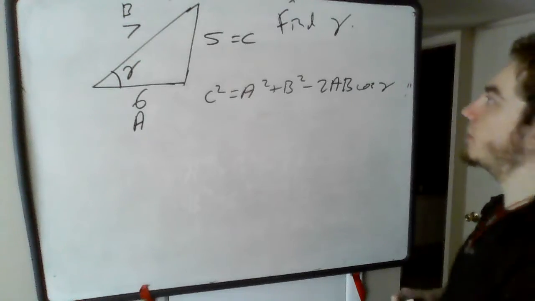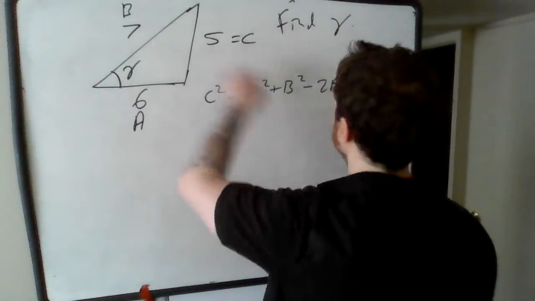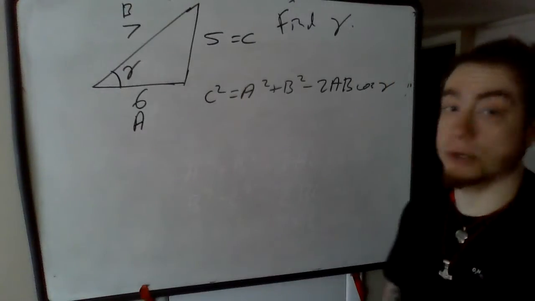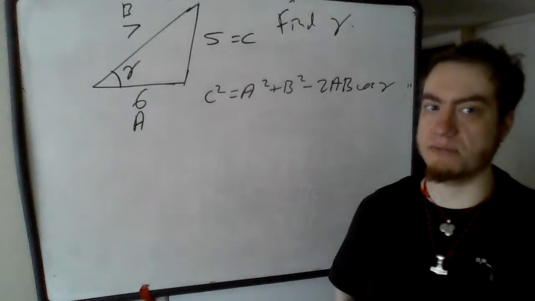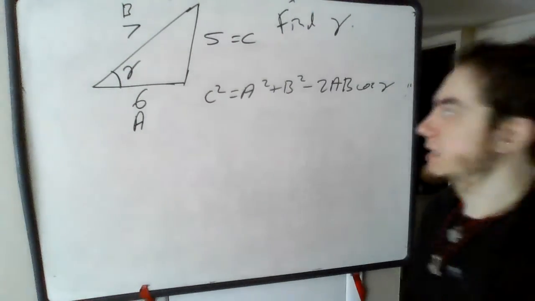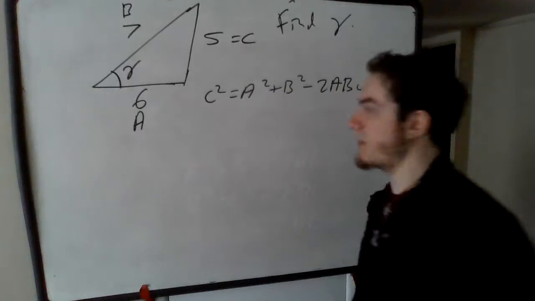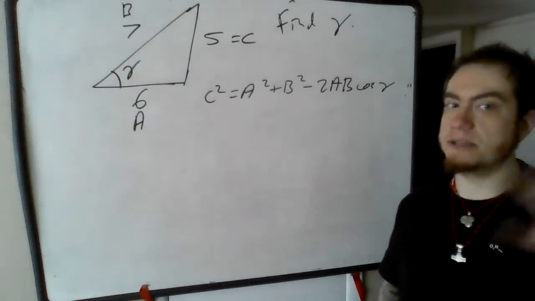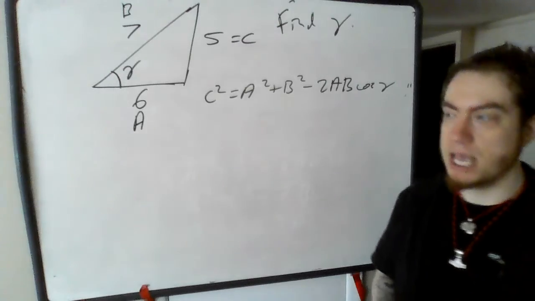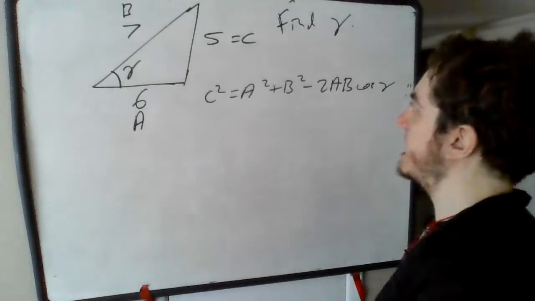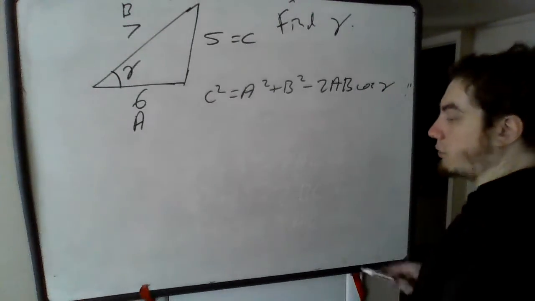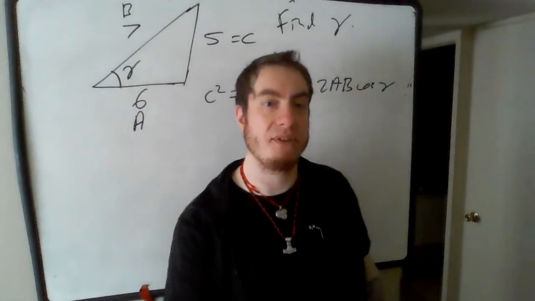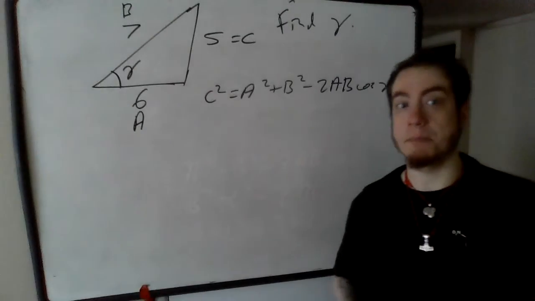Now I'm just going to plug in all of the given numbers here and figure out what is the cosine of gamma. And once I know the cosine of gamma, I'm pretty much all set. Because then I just have to find cosine inverse gamma. That will automatically be an angle between 0 and 180 degrees. And it will be the angle for the triangle. So unlike the law of sines, I'm not going to have to sit around thinking about, is this a possible triangle?